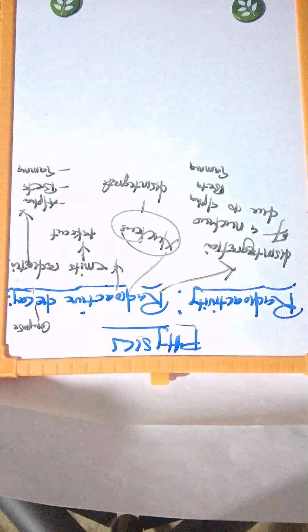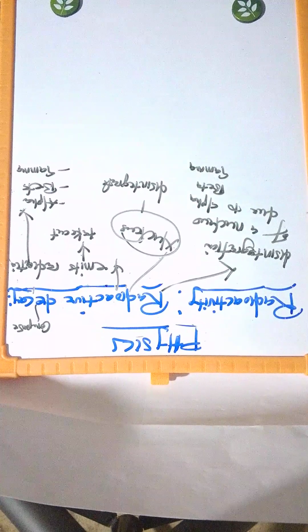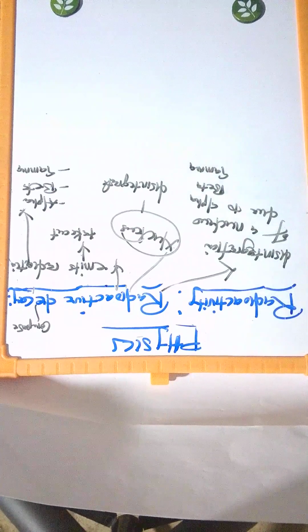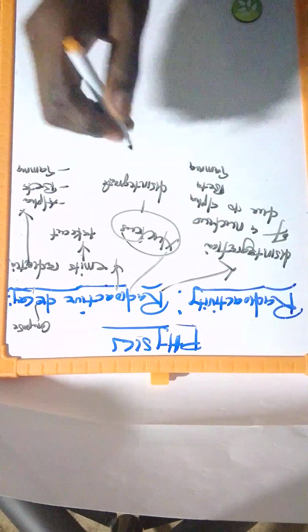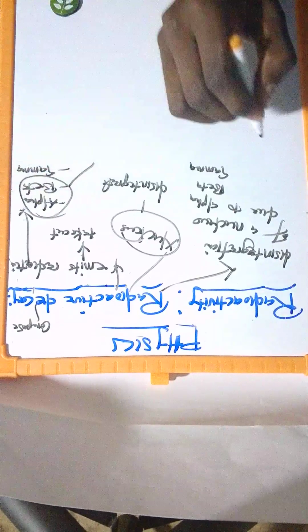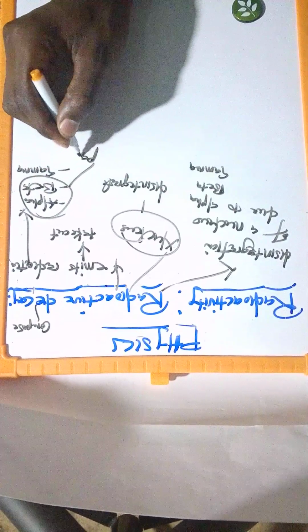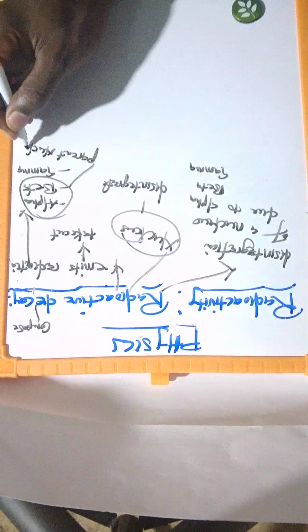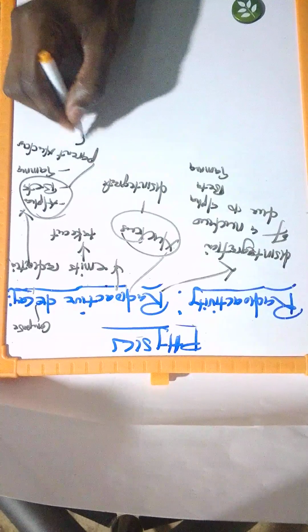Apart from that, we need to understand that when an alpha or beta particle is emitted, the parent nucleus changes.